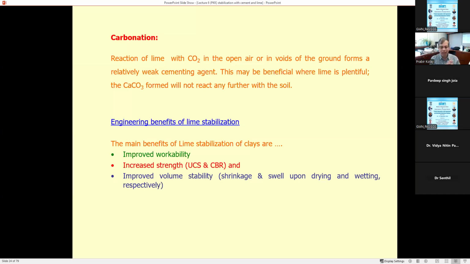The benefits are exactly the same as for cement: improved workability, increased unconfined compressive strength (UCS) value or California bearing ratio (CBR) value, and improved volume stability, swelling and shrinkage behavior, drying and wetting behavior, respectively. So basically, it's very basic for all stabilizers.